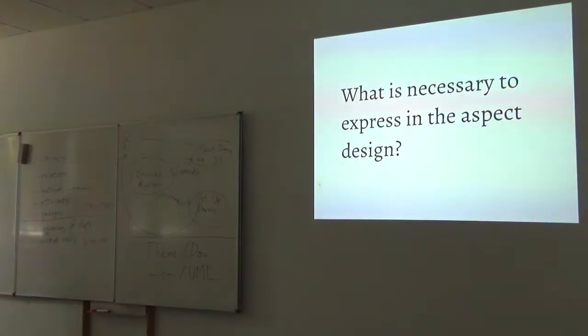If we want to have a complete, not a complete model, but if we want to at least attempt to express a design that will bring us to code as much as it can, because here we will have some parts of the system, some method names.